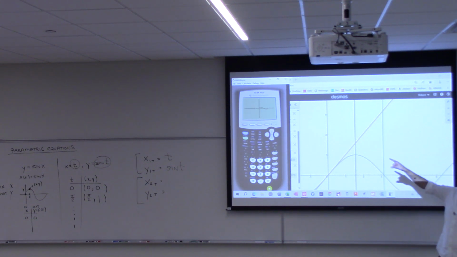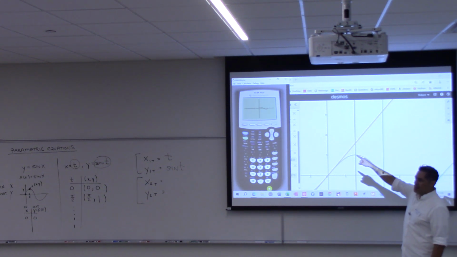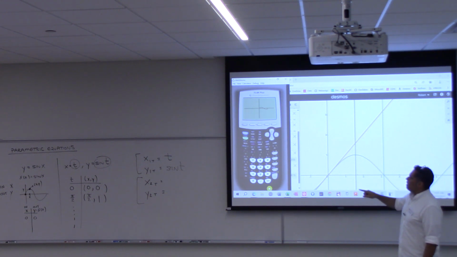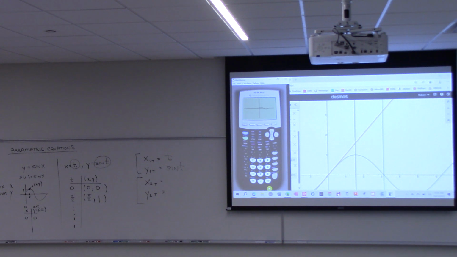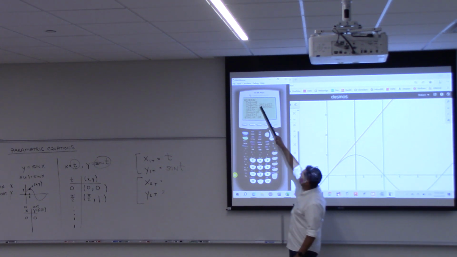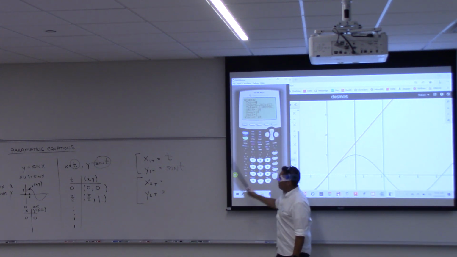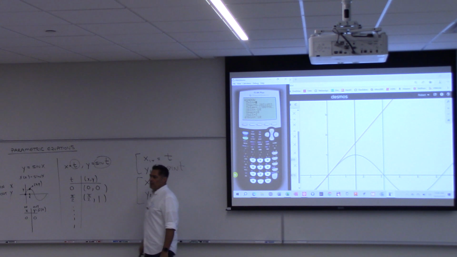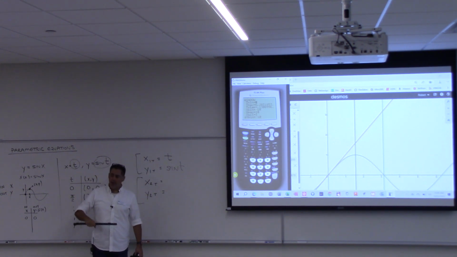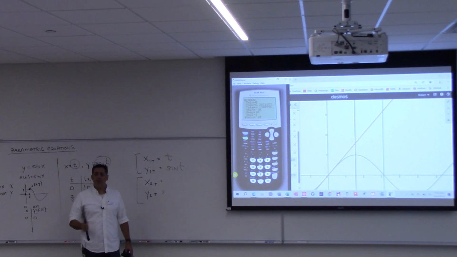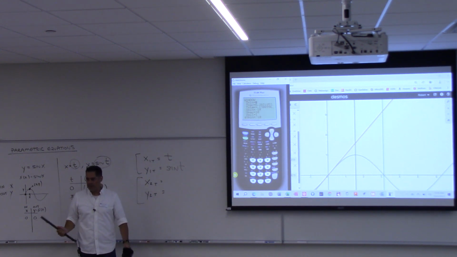Can you all see that that's a little piece of the sine curve? It's not the whole thing, is it? We can adjust the window. When I go to window, do you see where it says T min, T max? That's this T, my input. By default, in parametric mode, it always goes from 0 to 2 pi, because they figure you're probably doing something with trig functions.